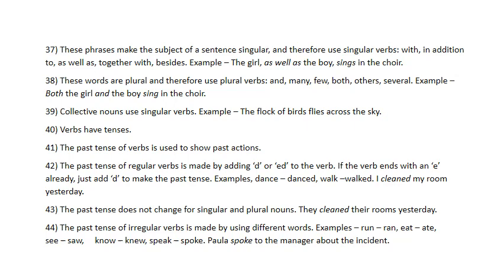So even though you have the word girl and boy here, because you have as well as in between, it shows that the subject of the sentence is the girl. So you could actually say the girl sings in the choir. The girl is a subject. So if you have as well as, you use a singular verb. So the girl as well as the boy sings in the choir.